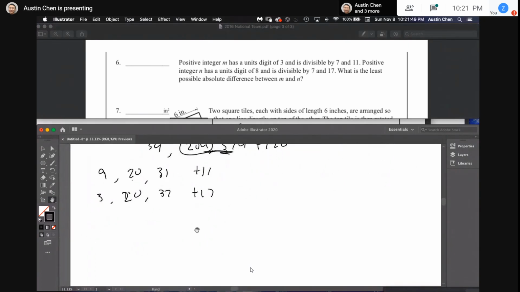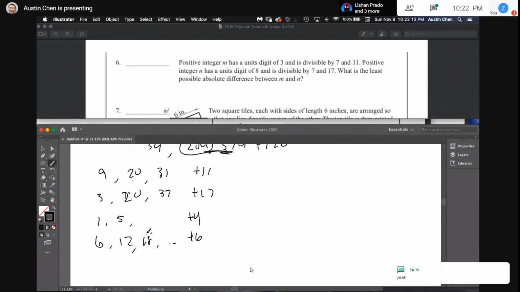So if we had +4 and +6, these are not multiples of each other, right? They're not factors of each other. So for the +6 we can have 6, 12, 18, and so on, right? But for the 4, we can just have it always on the odd numbers, and there's no way they could equal each other.